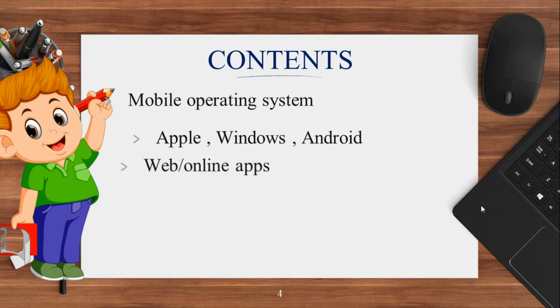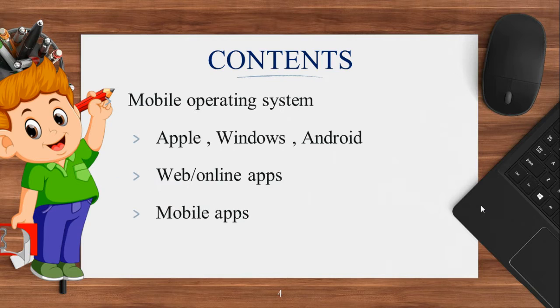So the next one is web or online applications. The last category, mobile apps. So the two types of applications we are going to see: one is online application, another one mobile application. At last we are going to cover how to create an application using the tools. We have totally 4 tools. Using the tools, how you are going to create an application. Okay. So now let's get into the session.